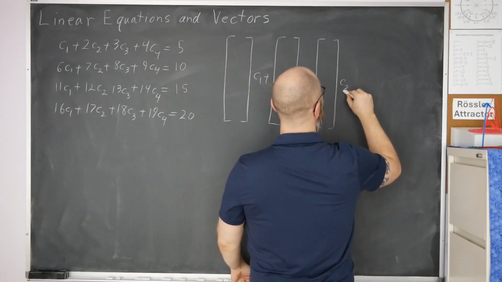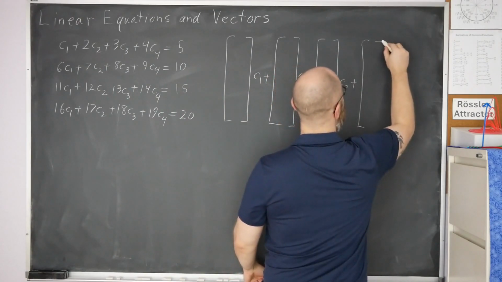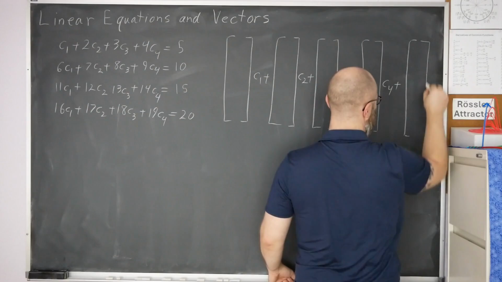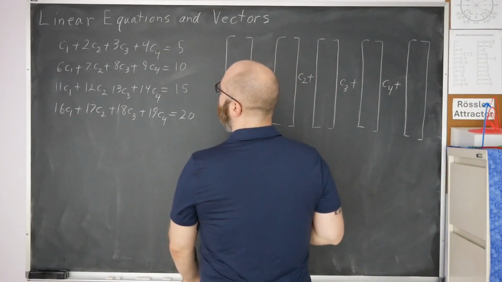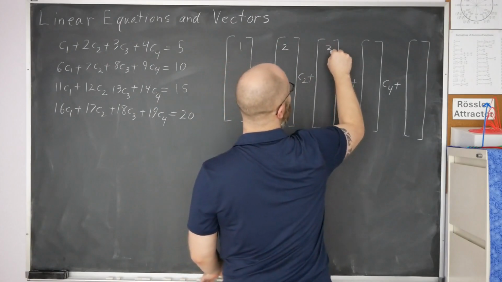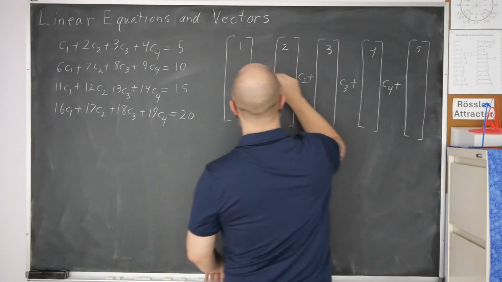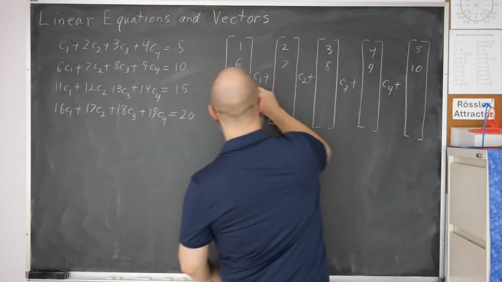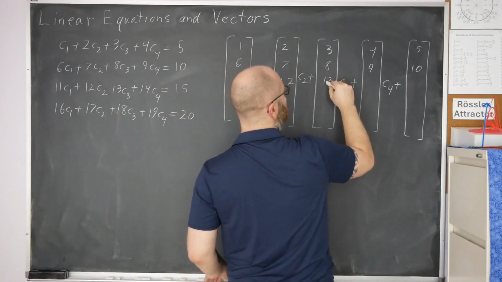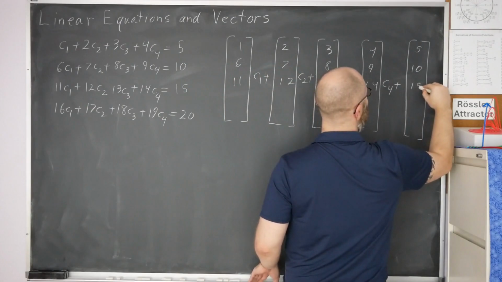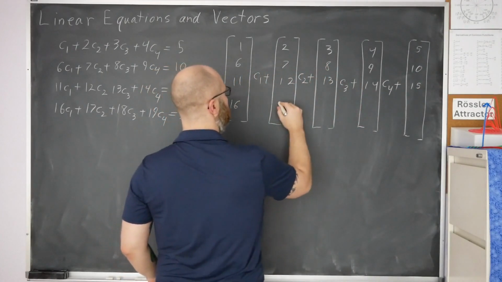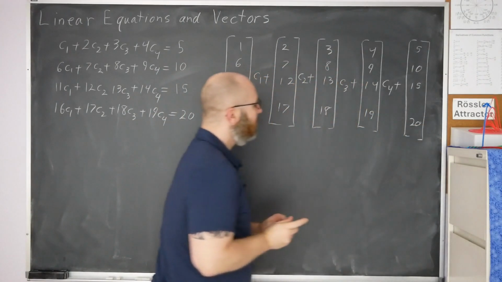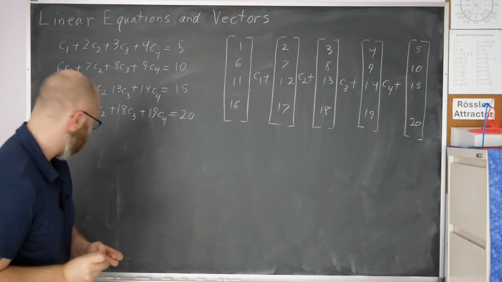And then the entries run 1 through 20. All right, cool. Oh, sorry, that's an equals.